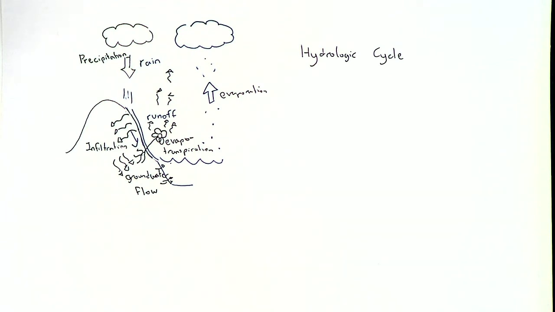Water supply can be natural or it can be engineered. Natural water supply: rainfall, rivers, lakes, or natural lakes. There's not that many in Georgia, but lakes. And then engineered water supply would be stuff like the water distribution system that brings water to your tap.